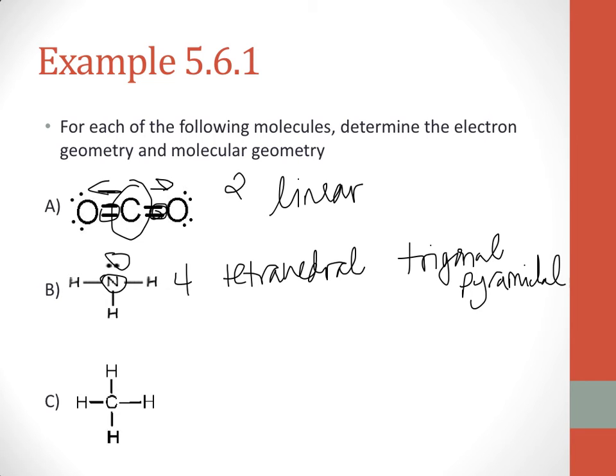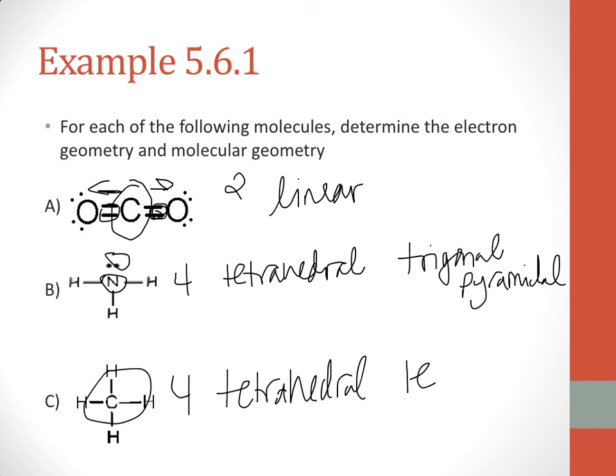Okay, our last one, we have 4 bonding angles, which means that again, this is tetrahedral. And since we do not have any lone pairs around carbon, this is also going to be tetrahedral in terms of molecular geometry.